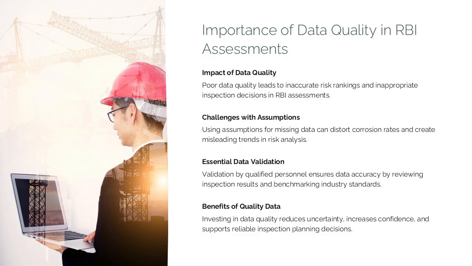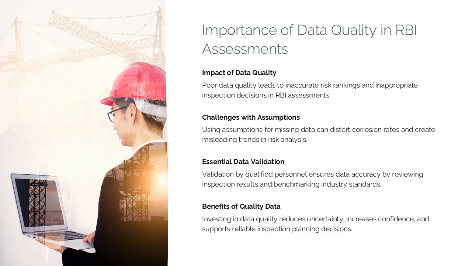Qualified personnel, such as inspectors, corrosion engineers, and process engineers, should review and confirm key data inputs and assumptions. Validation activities may include comparing inspection results with expected damage mechanisms, benchmarking against similar equipment or industry data, and applying statistical analysis to identify outliers or inconsistencies.